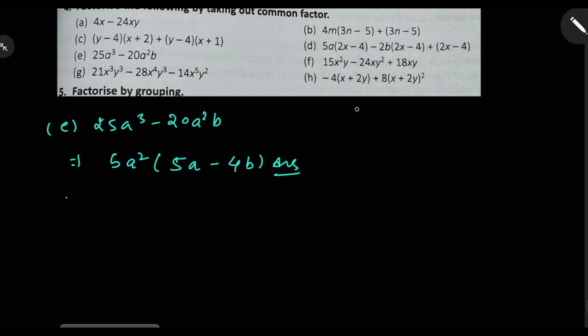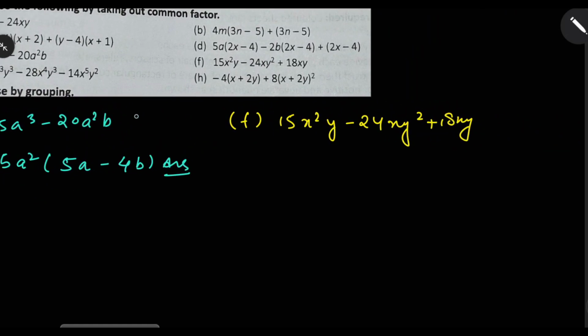Okay, now our next question is F: 15x square y minus 24xy square plus 18xy. Taking the common factor between the constants 15, 24 and 18, the common number is 3. 3 is common. For x square and x, the minimum power is x. For y square and y, the minimum power is y.